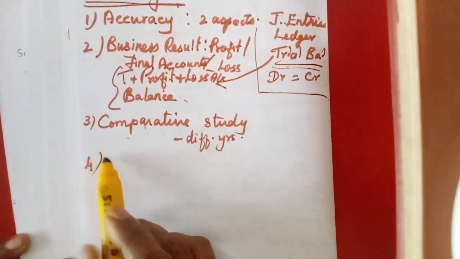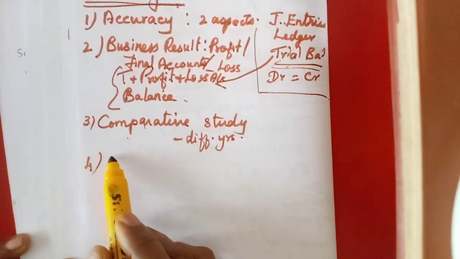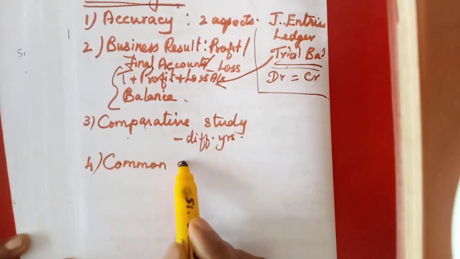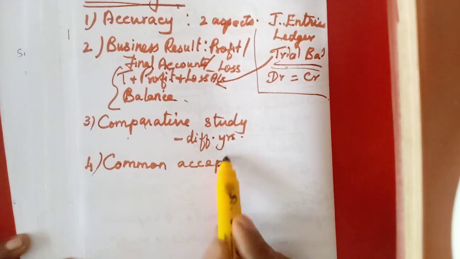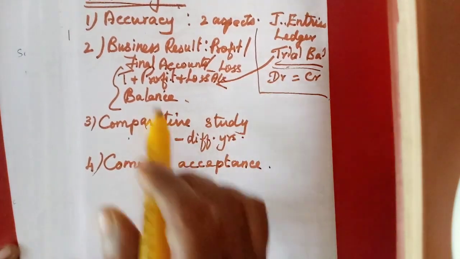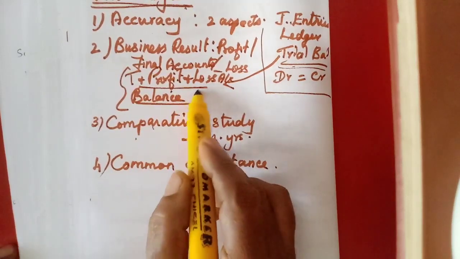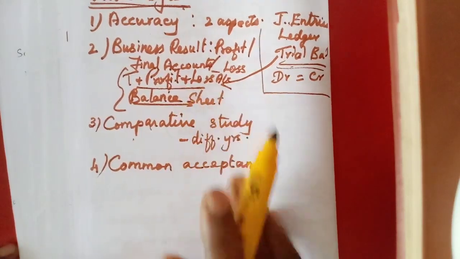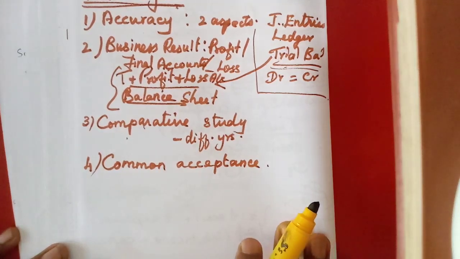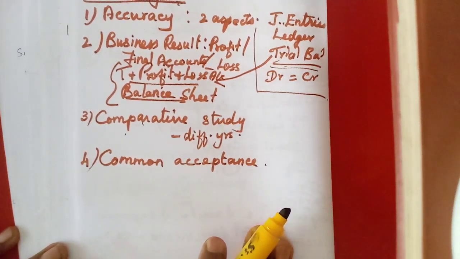Then the fourth advantage is common acceptance. These financial statements are accepted by all the people: the management, the shareholders, all the users of financial information we studied, maybe the government, the researchers, the tax authorities.